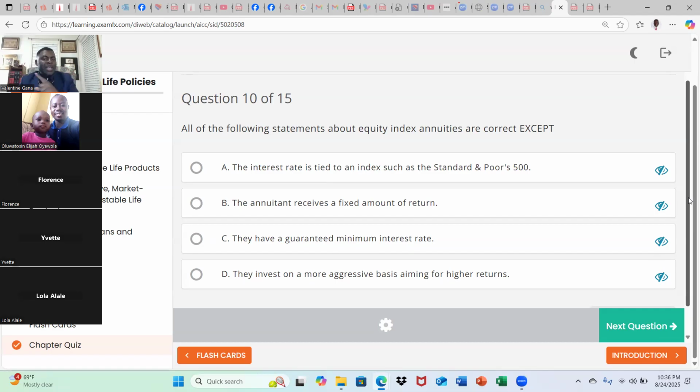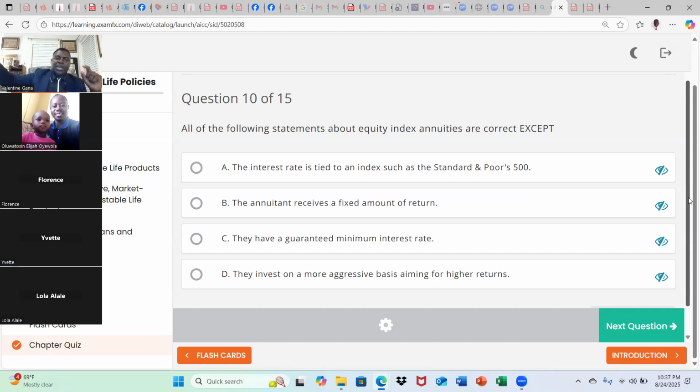With an equity index annuity, what happens is that they put your money in a fund and tie it to one of the indices on Wall Street, NASDAQ, S&P 500, Dow Jones, and the growth of that index is responsible for the growth of your fund. So again, you're pegged to that equity index.